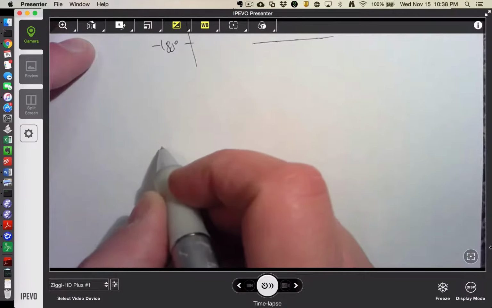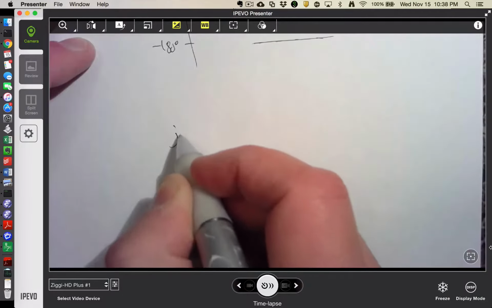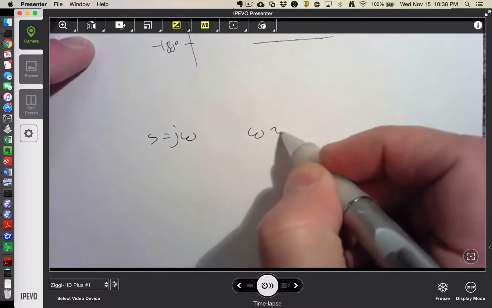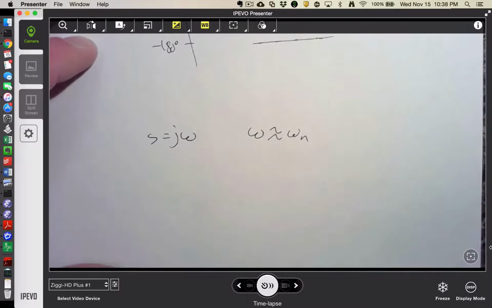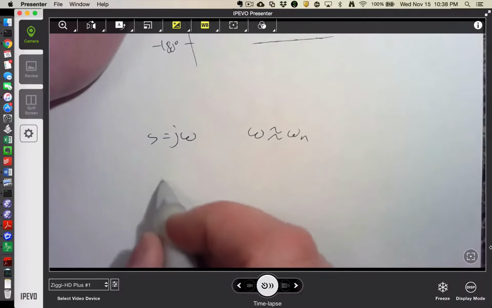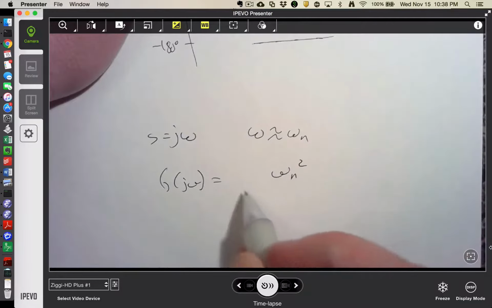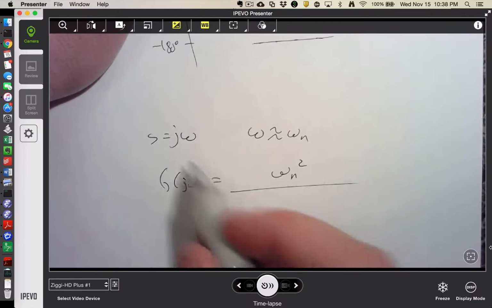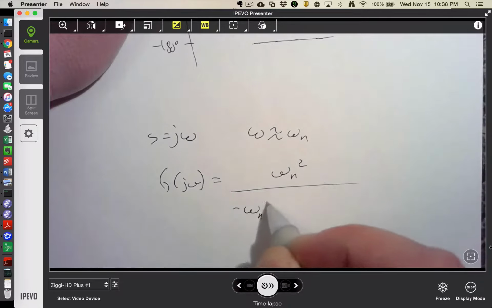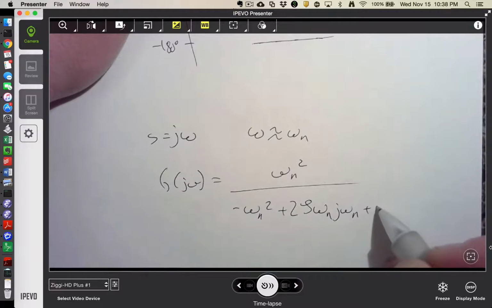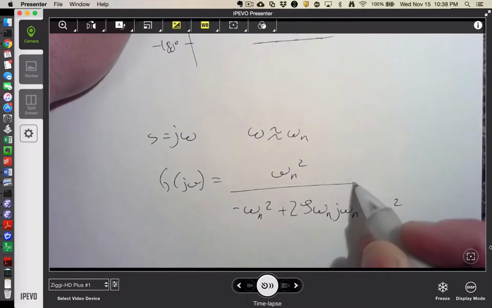If we have S equal to j omega, where omega is approximately equal to omega n, or in this case, let's just set it equal, then what we're saying is that G of j omega would be omega n squared divided by, so we have a negative omega n squared for our S squared term, plus 2 zeta omega n j omega n plus omega n squared.